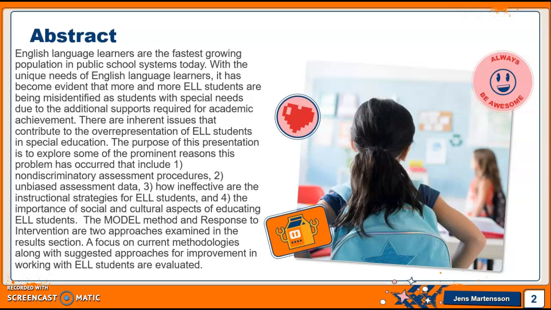English language learners are the fastest growing population in public schools today. With their unique needs, it's become evident that more and more English language learners are being misidentified as students with special needs due to the additional supports required for academic achievement. There are some issues that inherently contribute to the overrepresentation of ELL students in special education, and the purpose of this presentation is to explore some of those reasons.